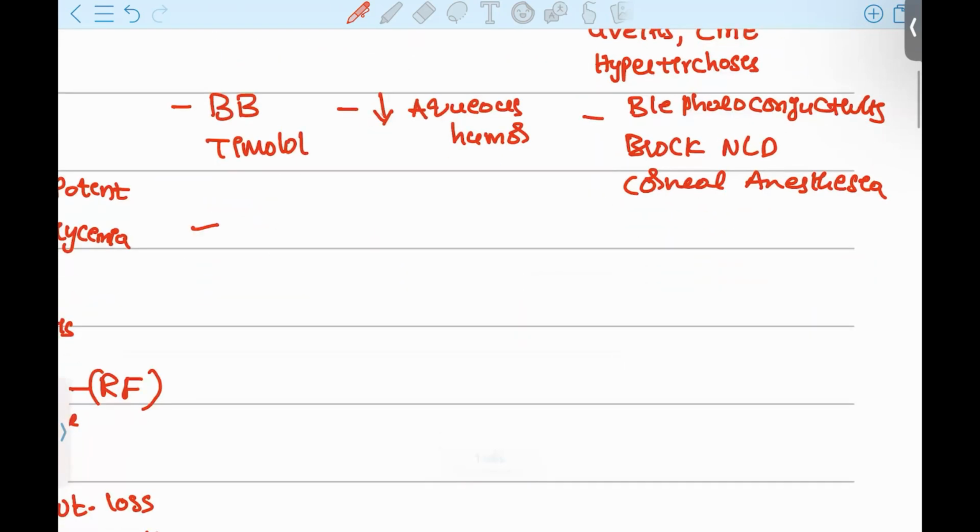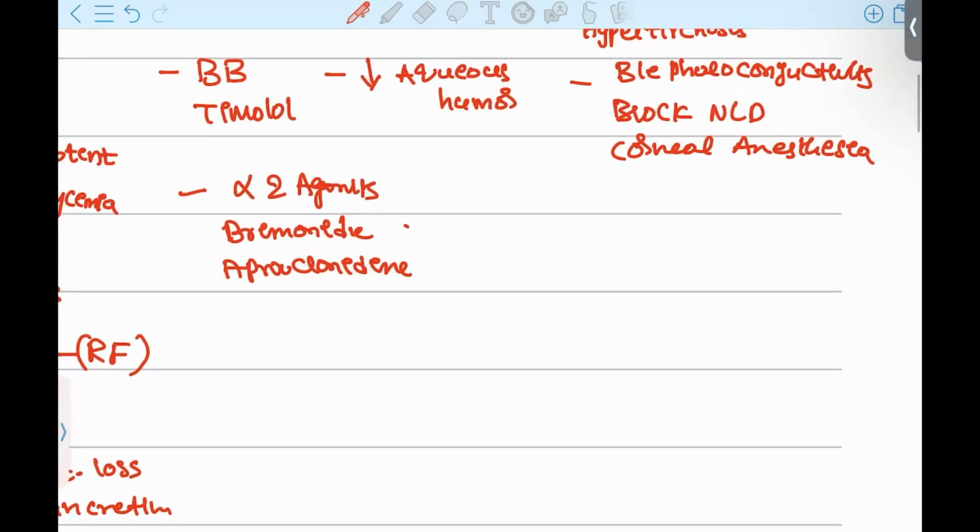Next drug is your alpha 2 agonist. For alpha 2 agonists, there are two types of drugs. One is your brimonidine and the other one is apraclonidine. Your brimonidine is actually contraindicated in children.